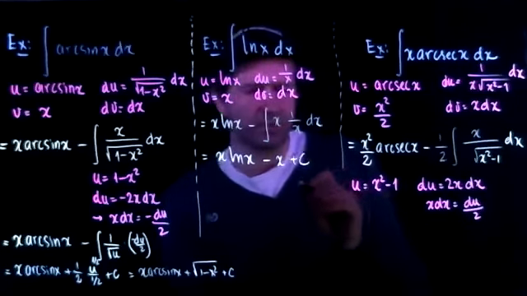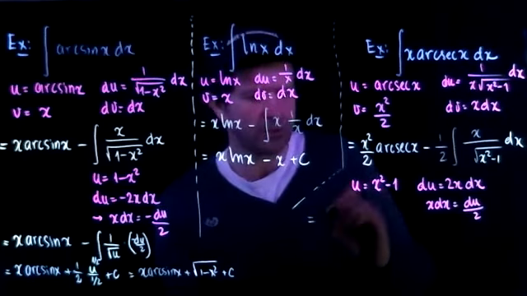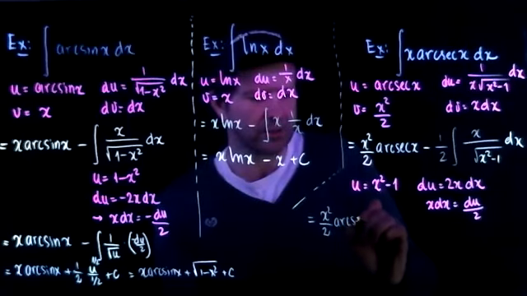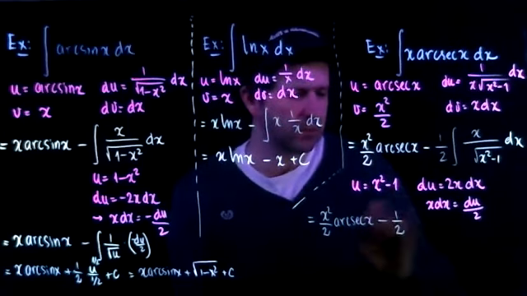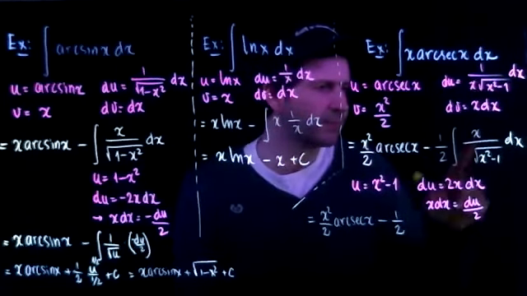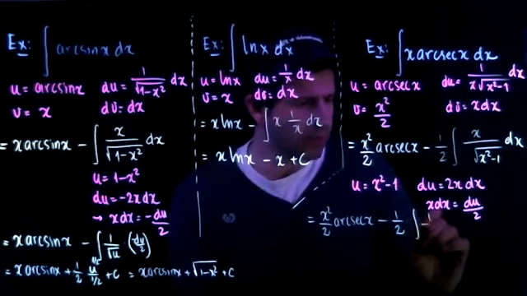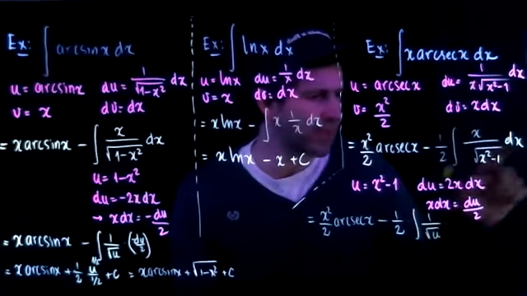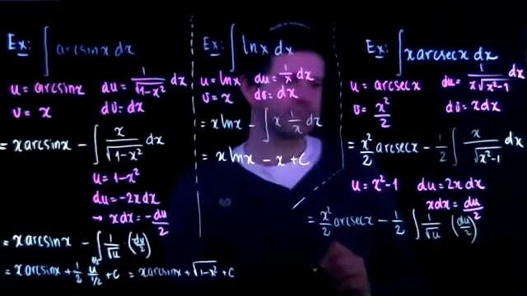All right, I'm just going to take some space from here. Okay, so it's equal still x squared over 2 arc secant x minus 1/2 times the integral of 1 over root u times x dx, which is du over 2.